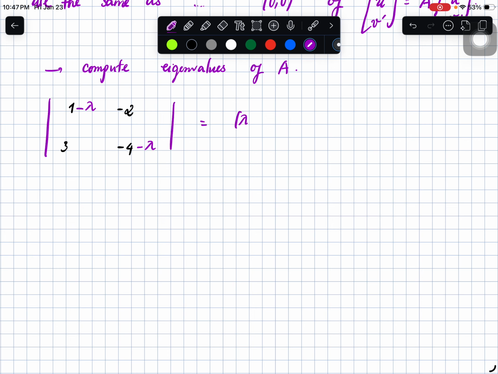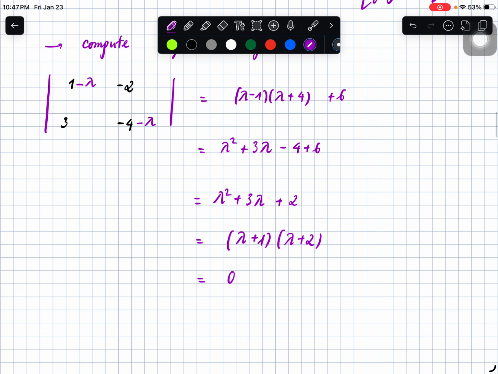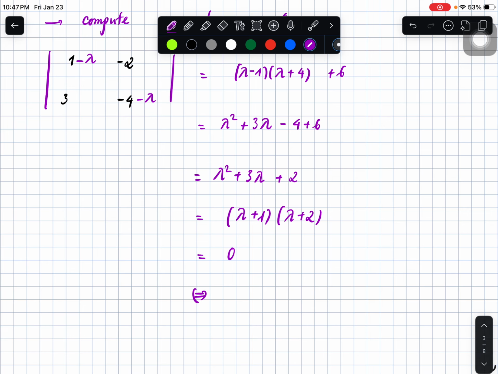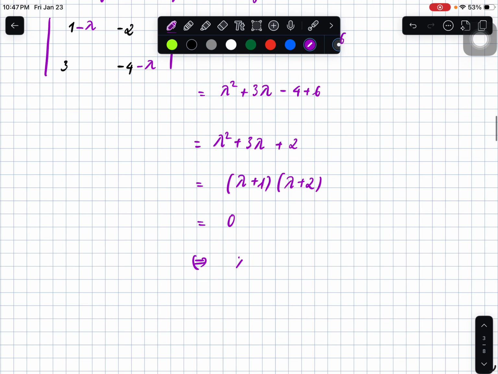You have lambda minus 1 times lambda plus 4 plus 6, lambda squared plus 3 lambda minus 4 plus 6, so lambda squared plus 3 lambda plus 2, which gives us lambda plus 1 times lambda plus 2. So we have two distinct real eigenvalues, lambda equal to minus 1, lambda equal to minus 2.